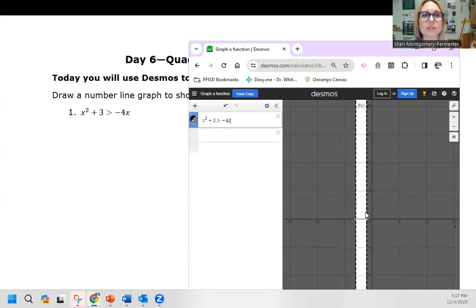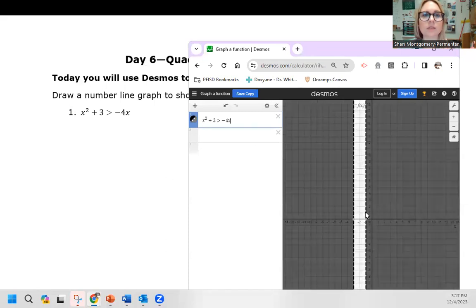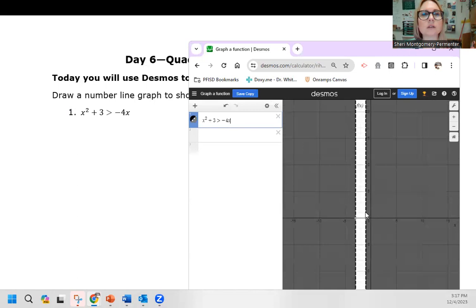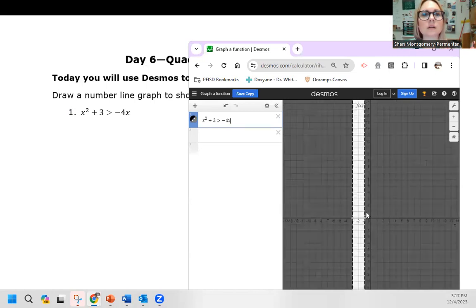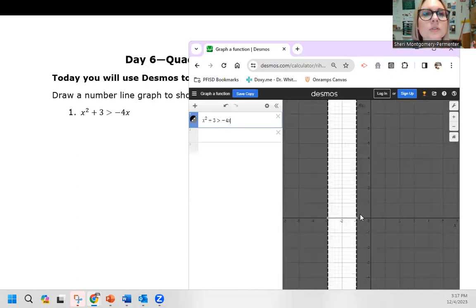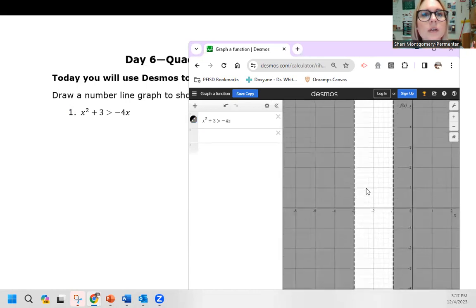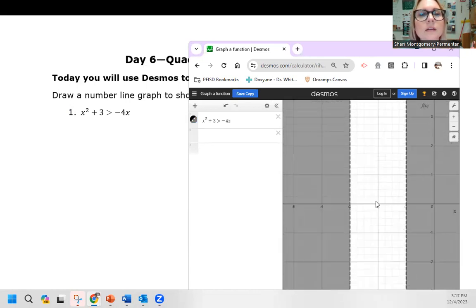I want to zoom in, so I'm going to use my mouse. I can't see those numbers. Okay, there we go, now I can see. You'll type it in just like that.